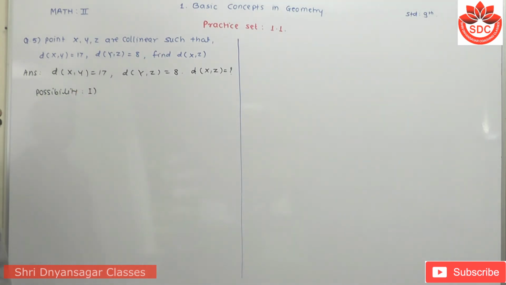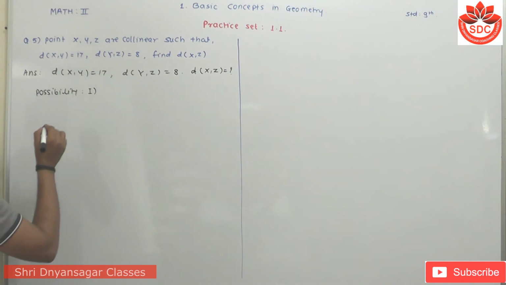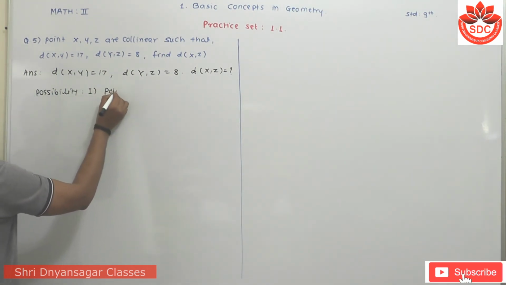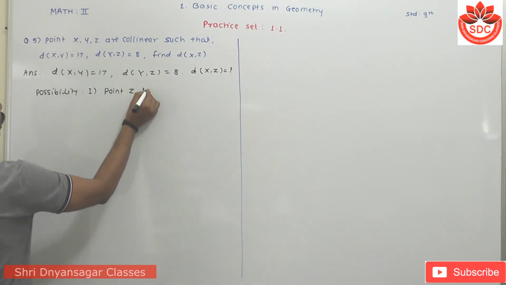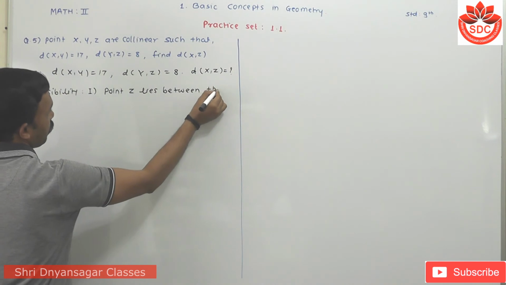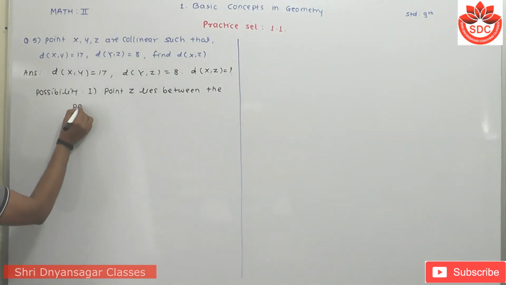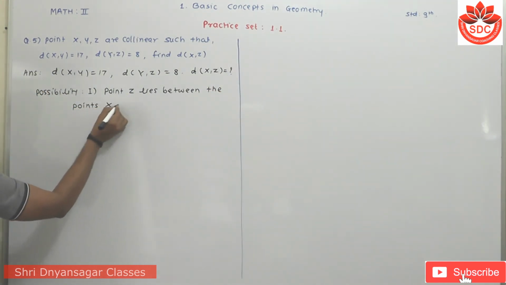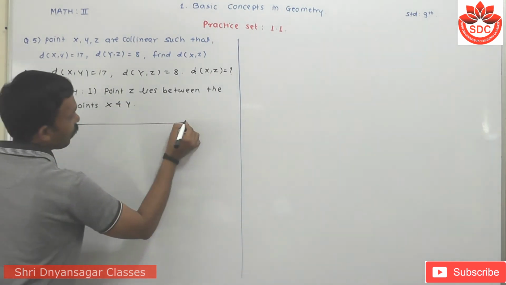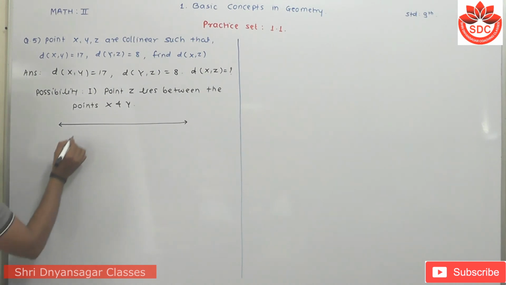In this first possibility, suppose that Z lies between the points X and Y. Now I have to draw one figure here. Suppose this is the line.